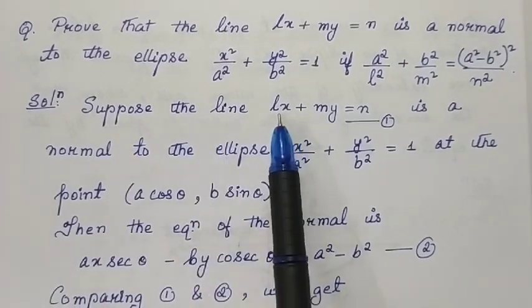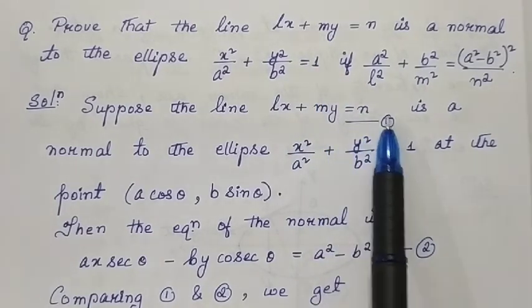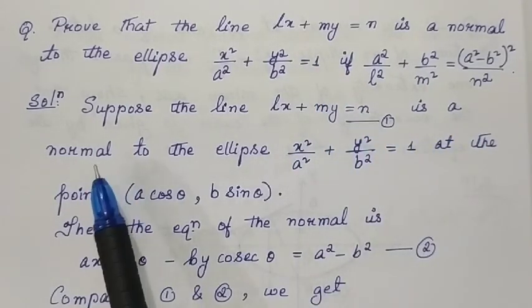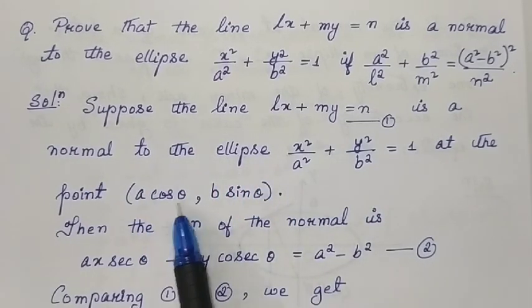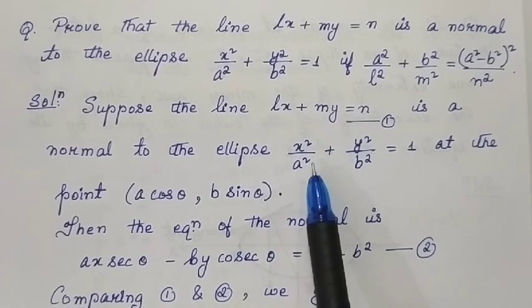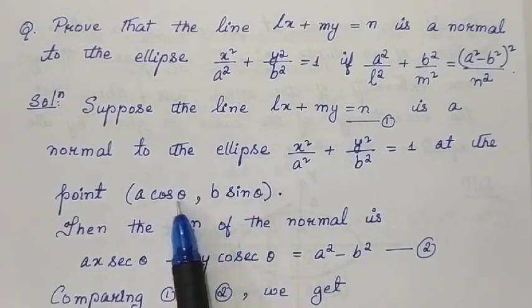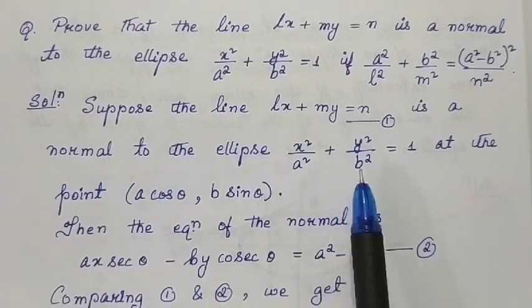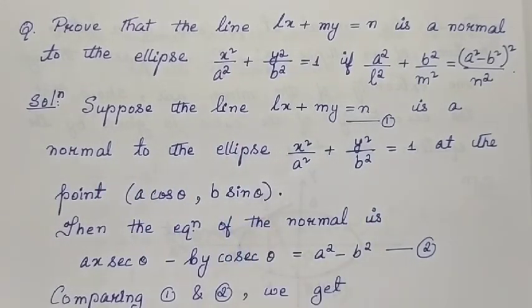Suppose the line Lx plus my plus n, let us mark that as equation number 1, is a normal to the ellipse at the point a cos theta, b sin theta. That means this line is normal to the ellipse at this point.